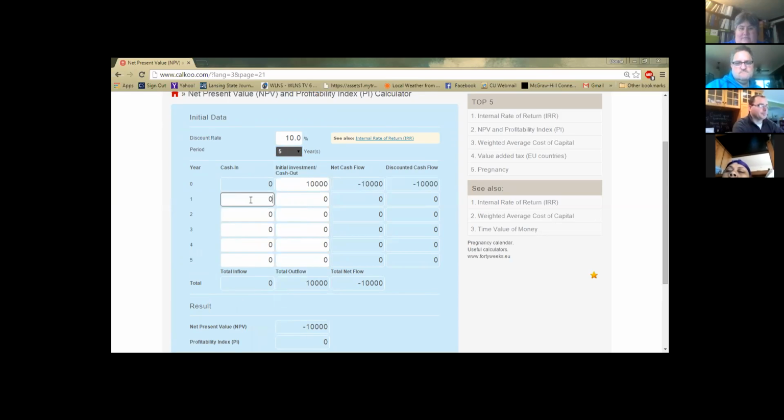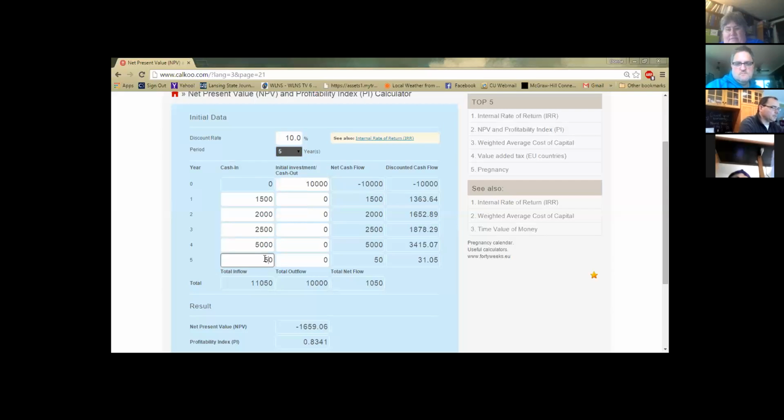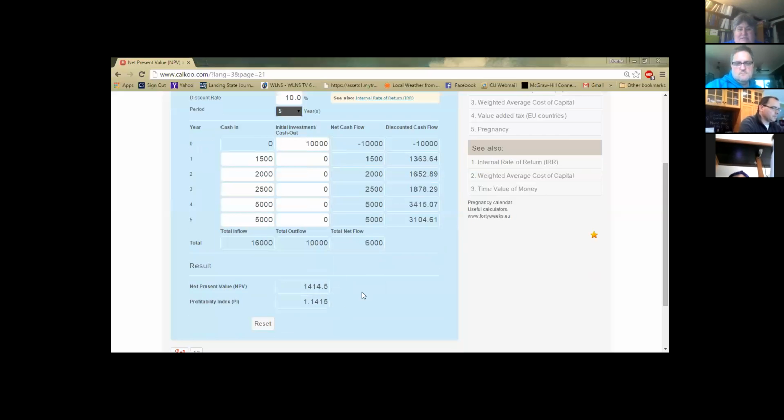I'm putting it in the wrong spot too. Okay. 1,500, 2,000, 2,500, 5,000 and 5,000. And yes, then its present value comes out positive. I didn't even have to calculate. It was just keeping up with me every time I did it.